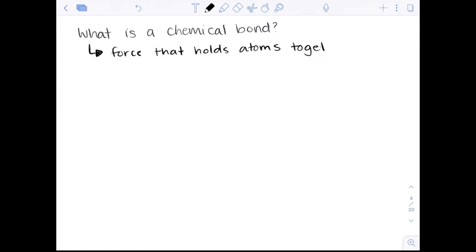We've been talking about Coulomb's law a lot so far, the attraction between electrons and protons. Opposites attract. That is defining our idea that protons are attracted to electrons, and that's a good thing. We like that.